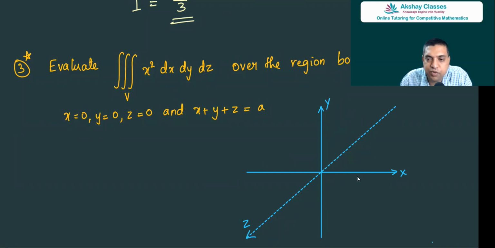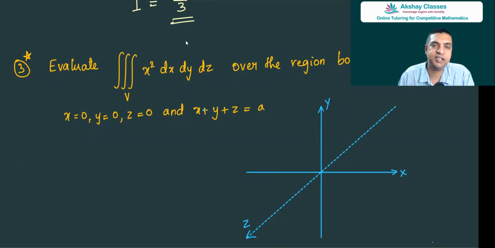And z equal to 0 is the xy plane. So three planes are dividing this whole space into 8 octants.